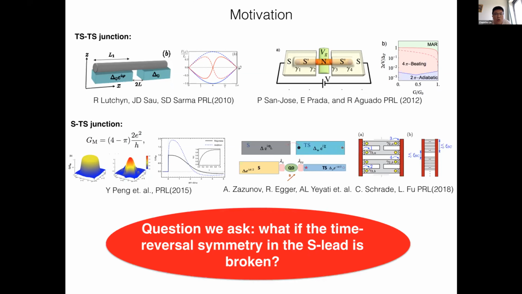So the question we ask is, how would this time reversal symmetry breaking in the conventional lead affect the DC Josephson current in these conventional-topological superconductor junctions?